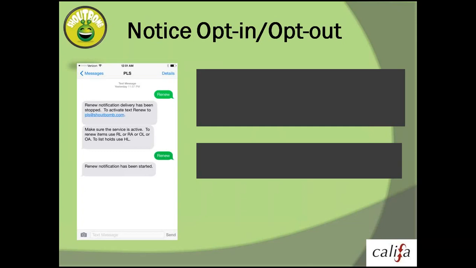So I mentioned the notice types. Patrons can opt in and opt out of the various notices that we deliver, and once again we provide a keyword. In this case, the keyword is renew.